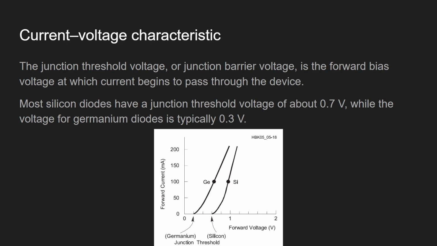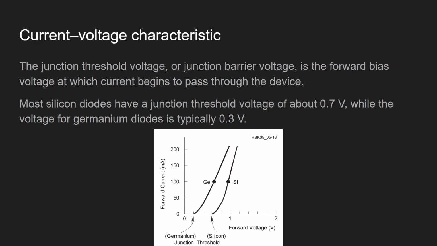Current-voltage characteristics. For every kind of semiconductor, there is a threshold voltage, or we call it a barrier voltage. They will only activate, which means the current will only flow, if the voltage is above the threshold.